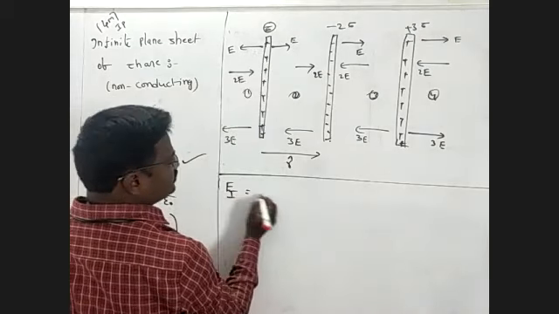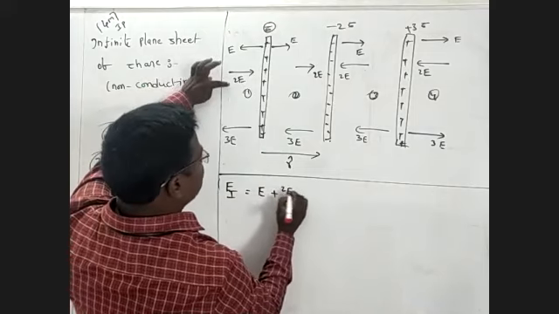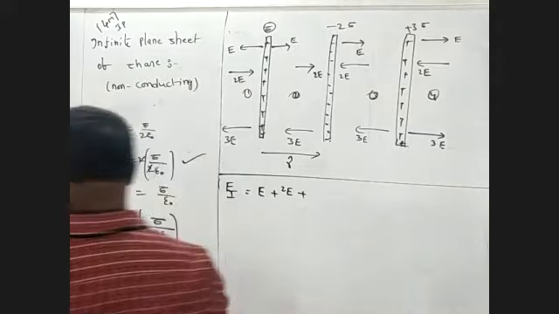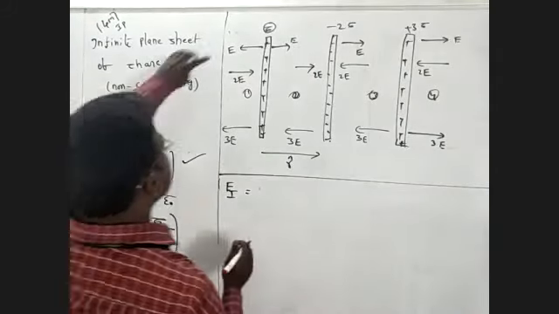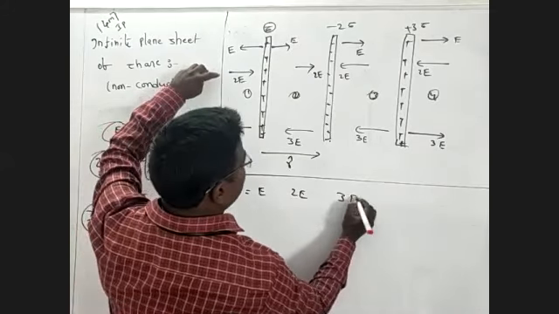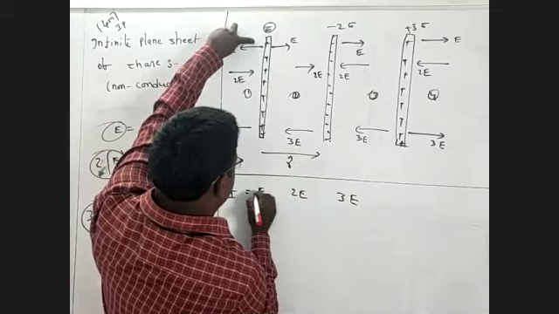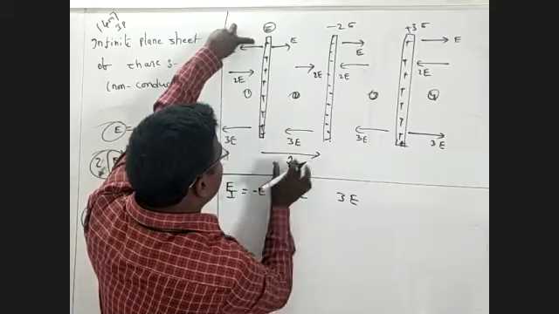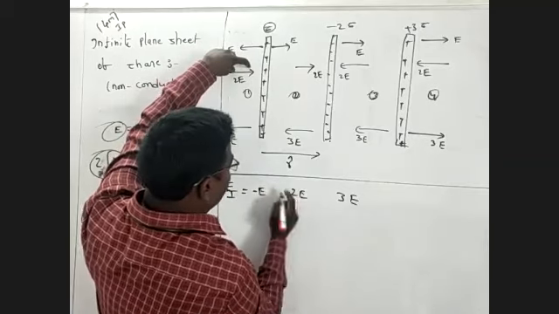E1 is equal to what? How many fields are there here? 1, 2, 3. So E, 2E and 3E. E bar and r cap are in opposite directions, so minus. Next, 2E and 3E and r cap are in the same direction, so plus.